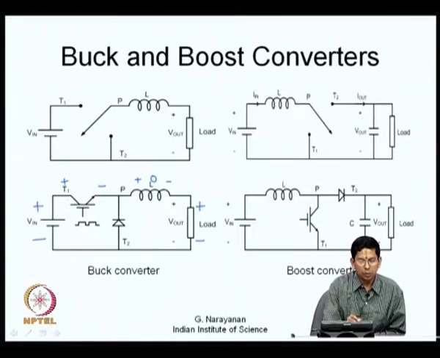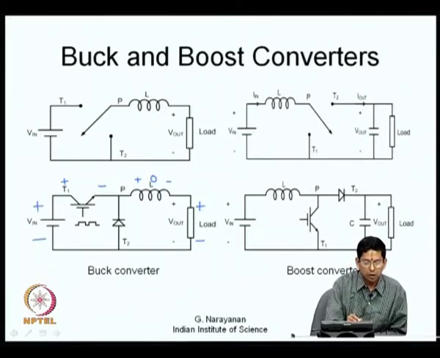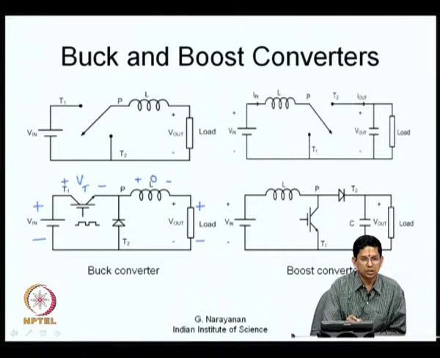Let us call this V transistor. This V transistor is the average voltage across the transistor, and that gets subtracted from the input voltage to produce your average output voltage.